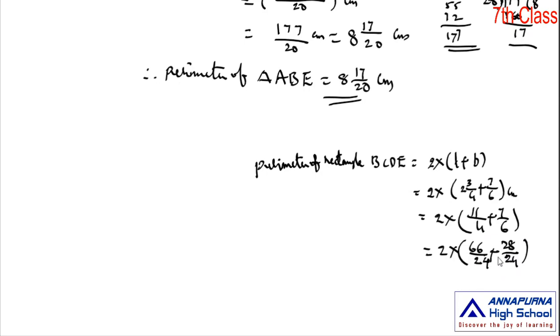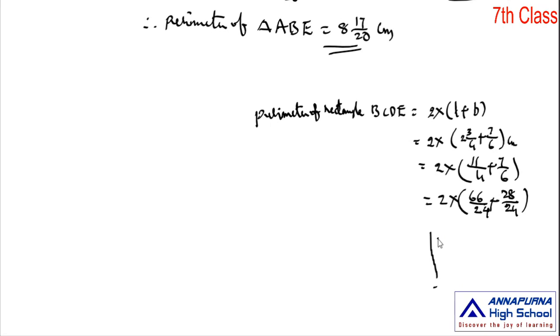Now you see these two are like fractions, and the sum of like fractions is the sum of the numerators by the common denominator. Therefore 2 into 66 plus 28. How much? Add here 66 plus 28. 8 plus 6 is 14, 1, 1 plus 6 is 7, plus 2 is 9.